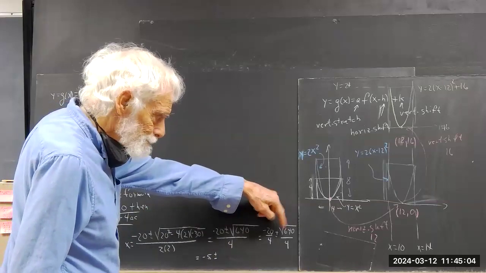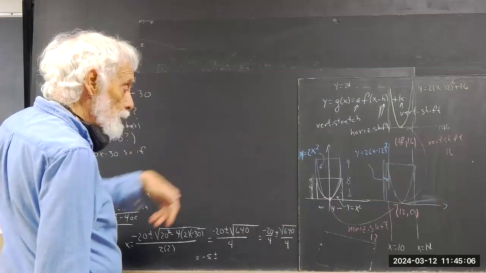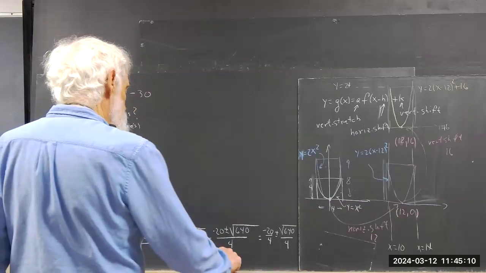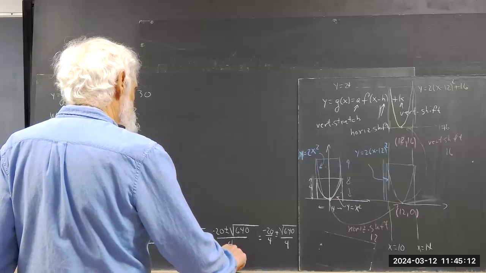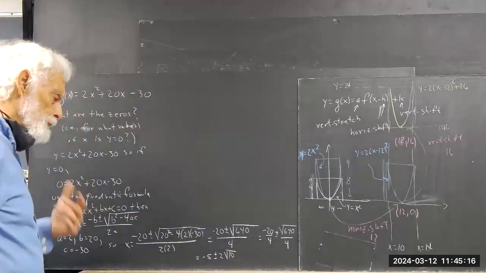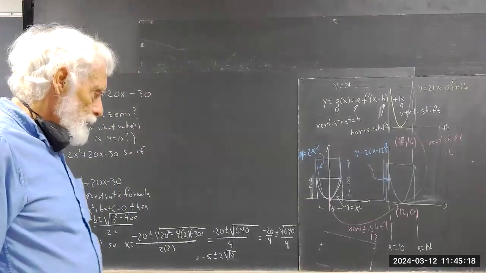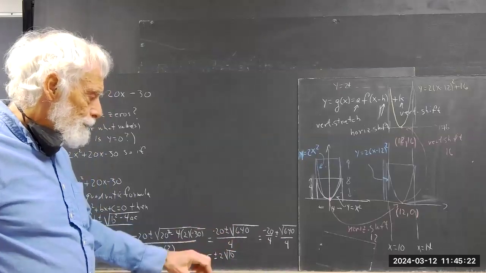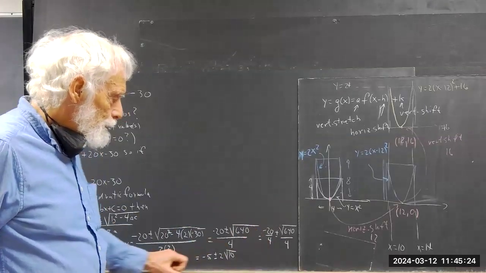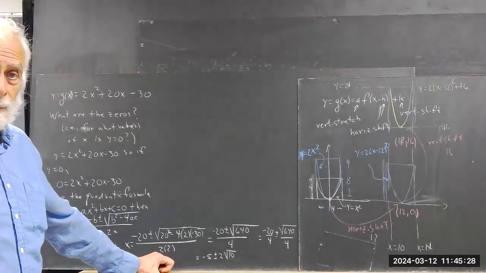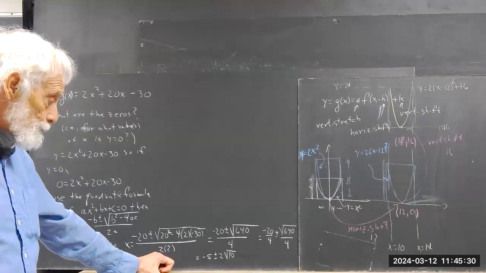Well, you should be able to factor a 64 out of that and get 8, and you have 8 times the square root of 10. So you get plus or minus 2 times the square root of 10. And I'm not going to go through the details of that because it's really confusing. You can get the numbers if you just use your calculator. Now, I don't particularly like letting you do that, but on the test, you would have access to a calculator. Okay.